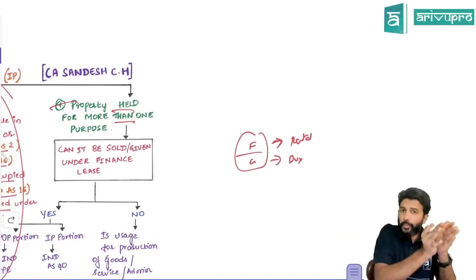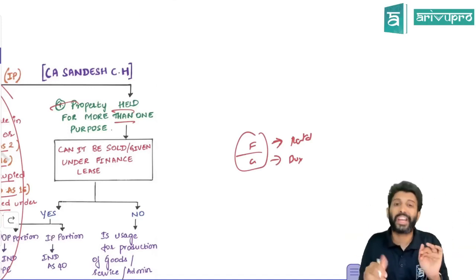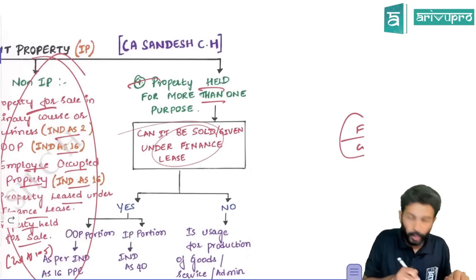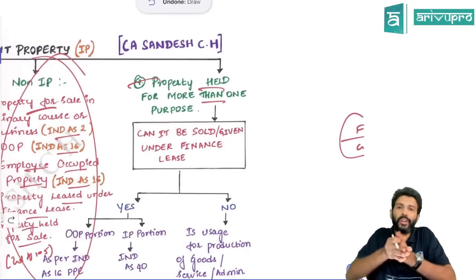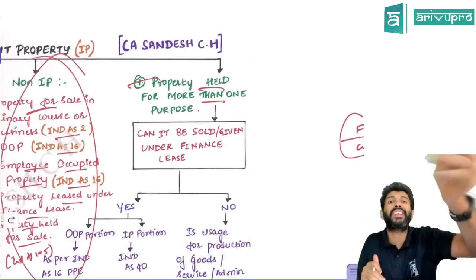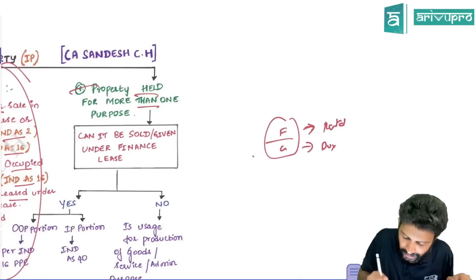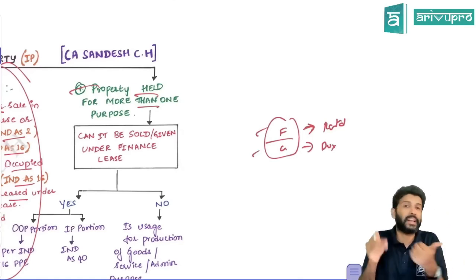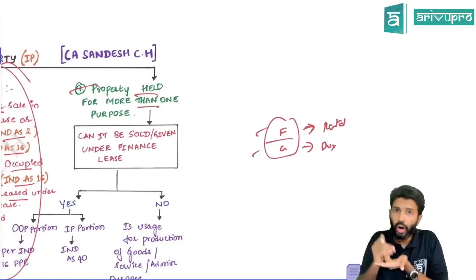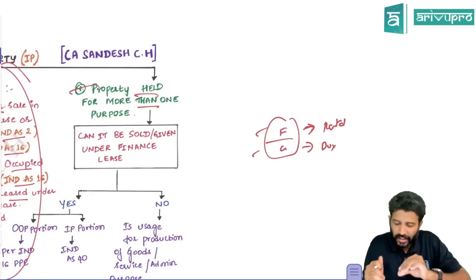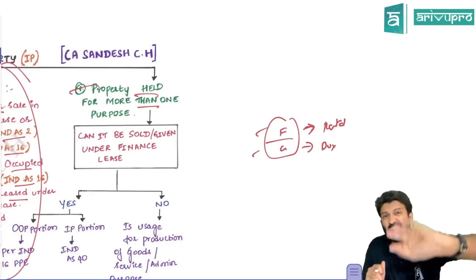So if property is held for more than one purpose, check: can this property be sold separately, or can it be given on finance lease separately? Meaning, can you sell ground floor and first floor separately? You need to check. Or if you can't sell it, at least check if you can give ground floor and first floor separately on a finance lease.